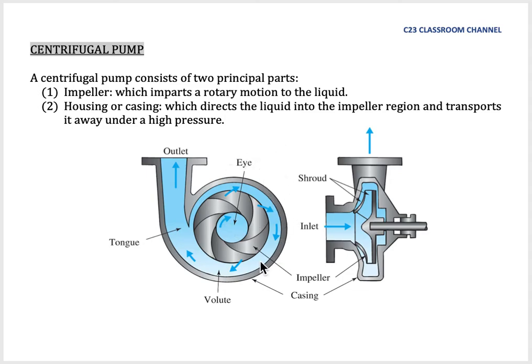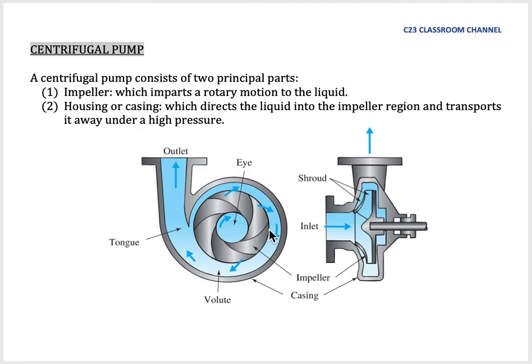So the mechanism of a centrifugal pump is like this. The water will flow into the inlet at the center of the impeller here. We call this inlet area the eye. It is located in the middle of the impeller. So what is an impeller? An impeller is a set of blades.